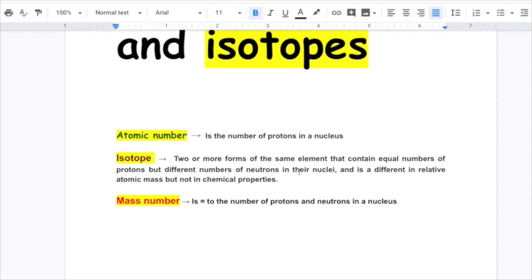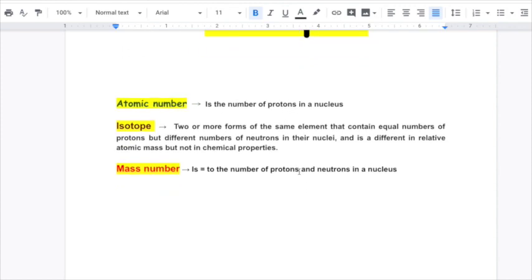For example, carbon can have 2 or more forms, with different numbers of neutrons, and a difference in relative atomic mass, but not in chemical properties.